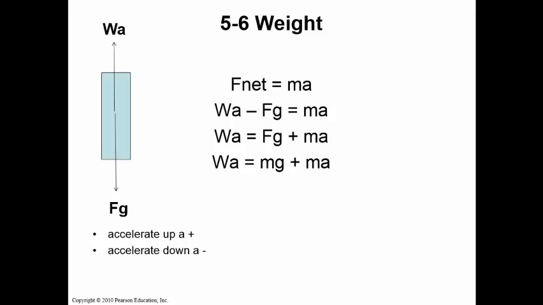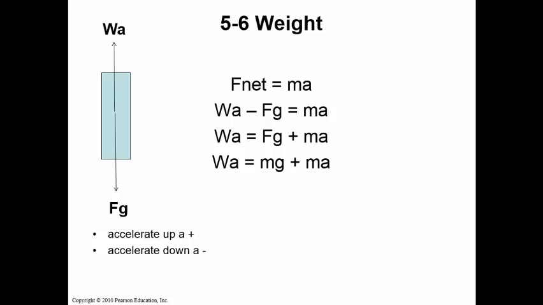So what did we do? We drew a free body diagram. We defined a coordinate system, up and down. And now we're going to write the net force equation. F net equals ma. The sum of these two forces is what causes you to accelerate. So WA is positive because up is positive, and FG is negative.